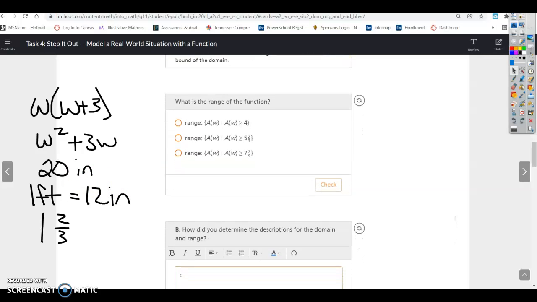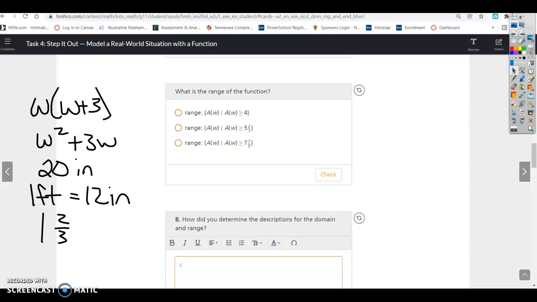All right, and it says what is the range? Well, we know that the length has to be 3 feet more than the width. So if this one's 1 2/3, if we add 3 to that, that would be 4 2/3. So if I change 1 2/3 to an improper fraction, that's 5/3.